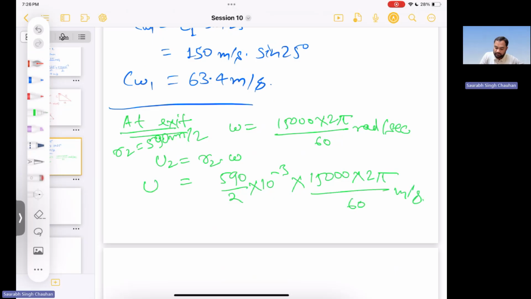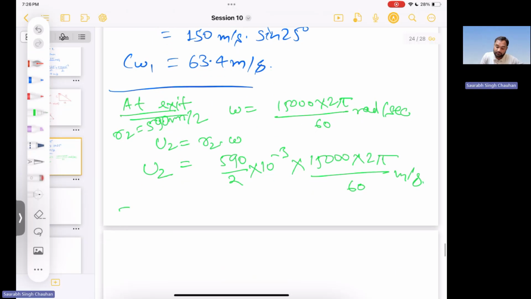This will be your U2, the tangential velocity of the blade at outlet. If you calculate this value, U2 comes out to be 463.4 meter per second.